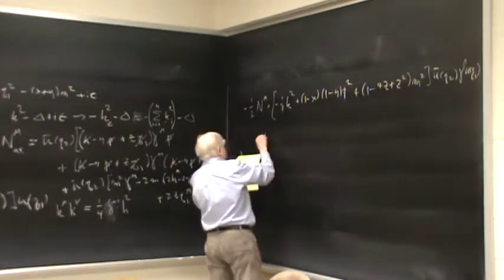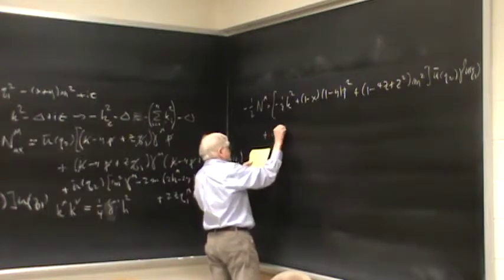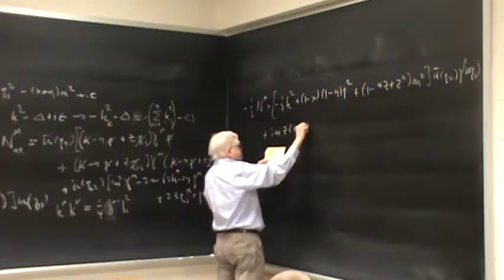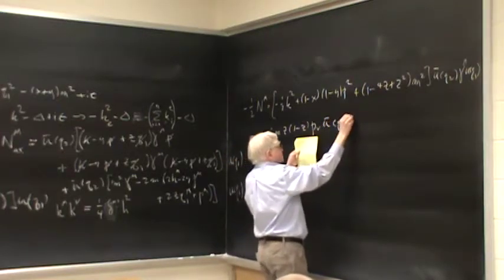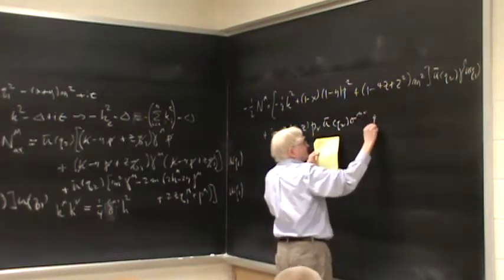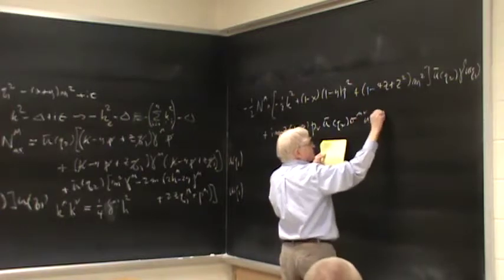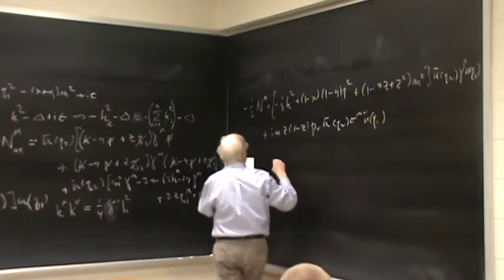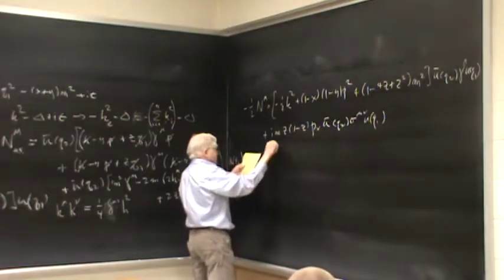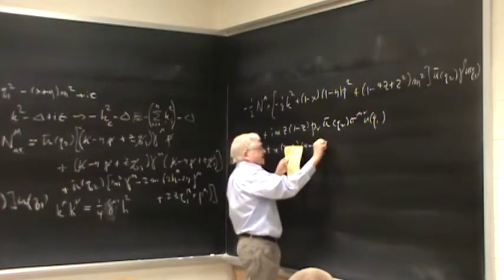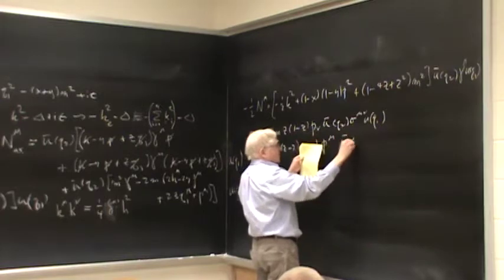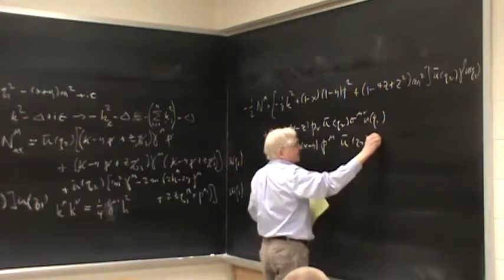And then a term I m z (1 minus z) p nu u bar q2 sigma mu nu u of q1. And then m (z minus 2) (x minus y) p mu u bar q2 u q1.